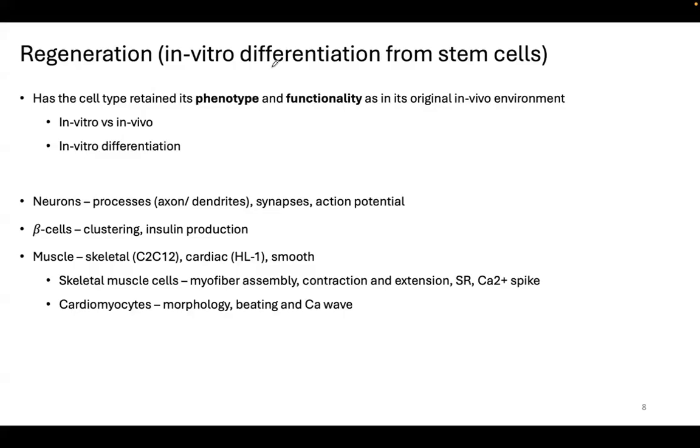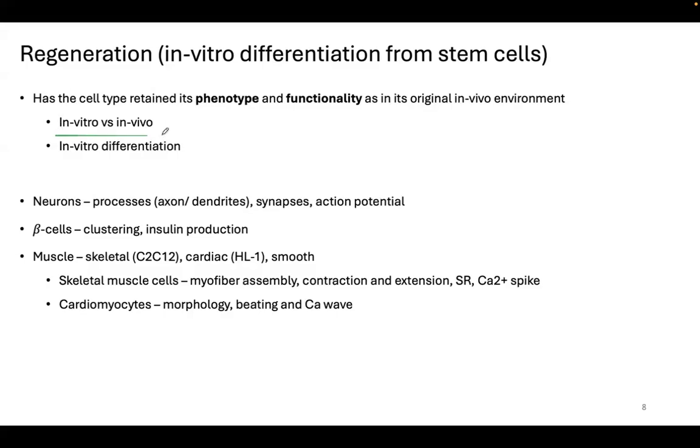Now, once you differentiate a stem cell in vitro, there are two things that you want to ascertain. One is, since they are being differentiated in vitro, you have stem cells in culture and stem cells inside the body. So are they behaving any differently?